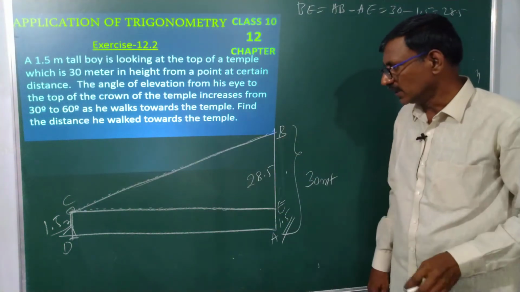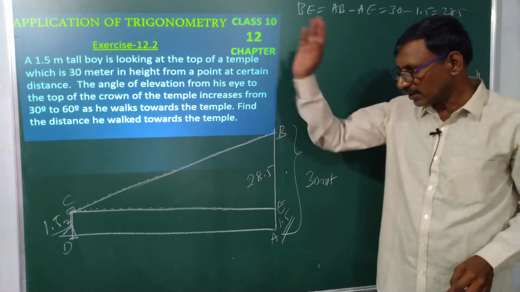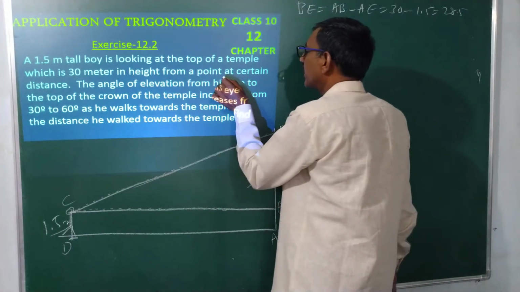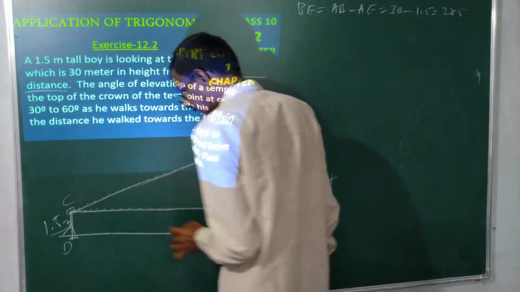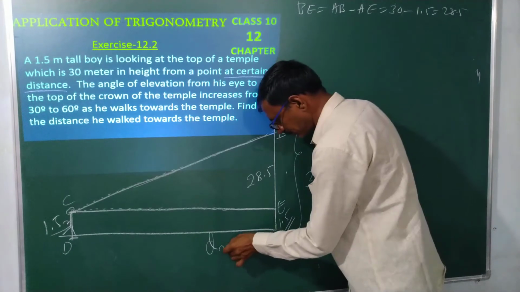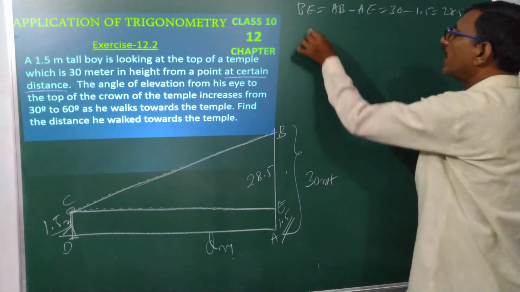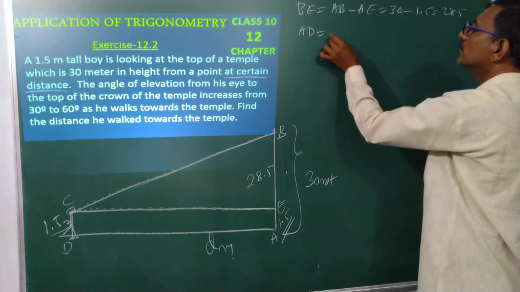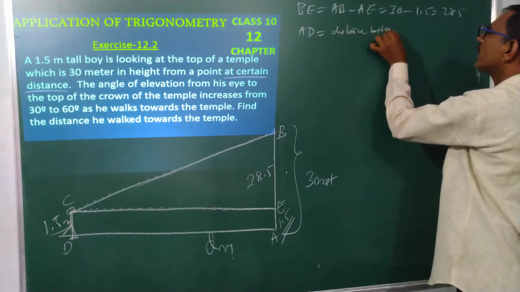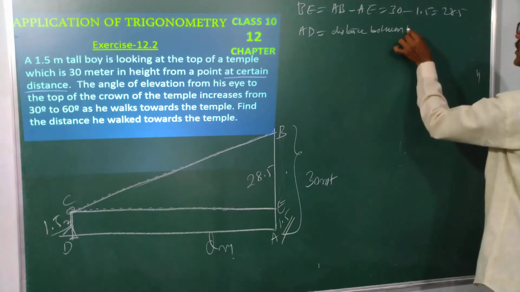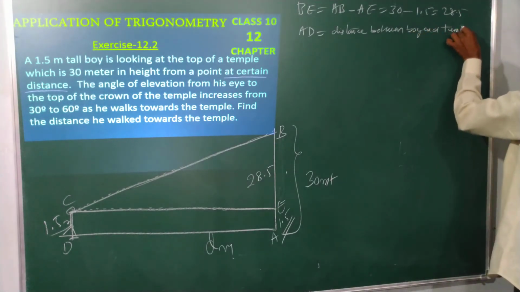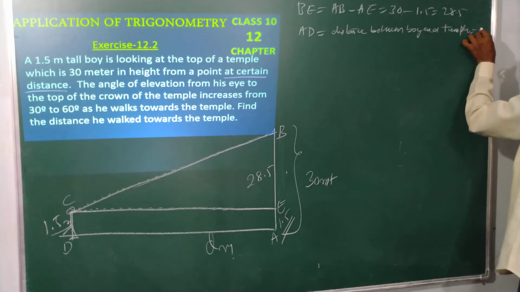We don't know the distance from where he is observing, so at a certain distance, let that distance be D meters. So AD is equal to the distance between the boy and the temple, which is D meters.